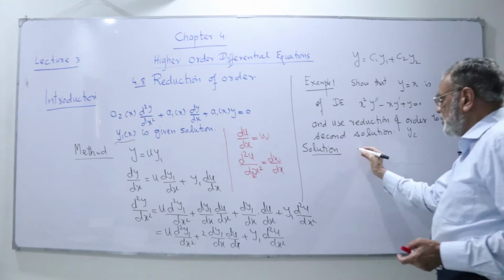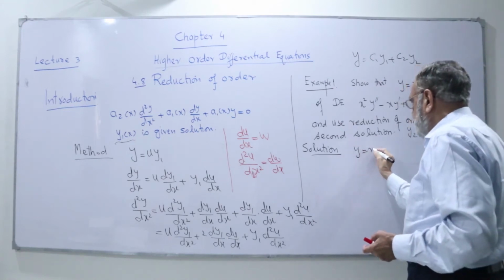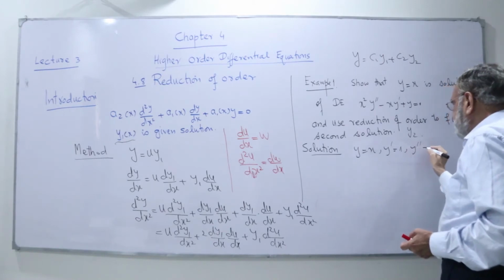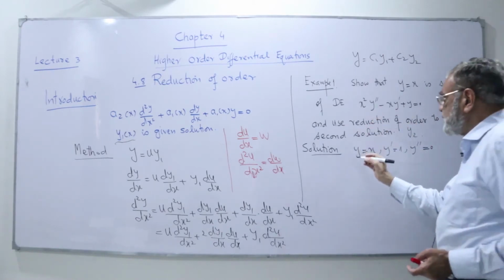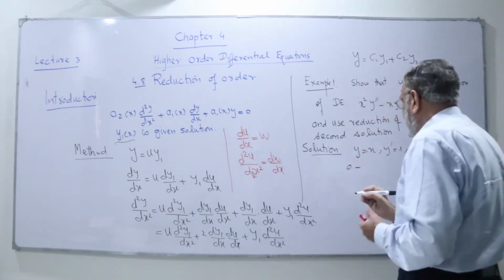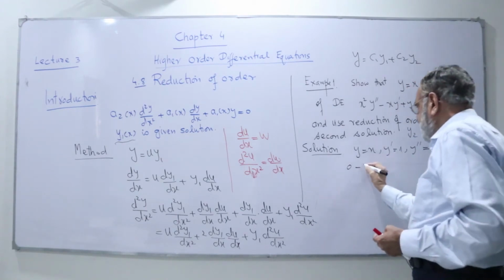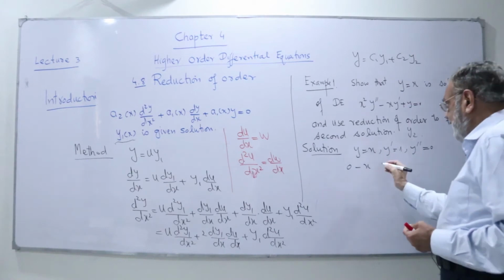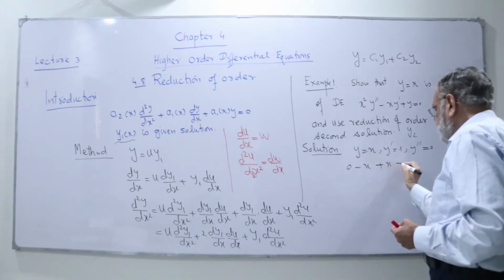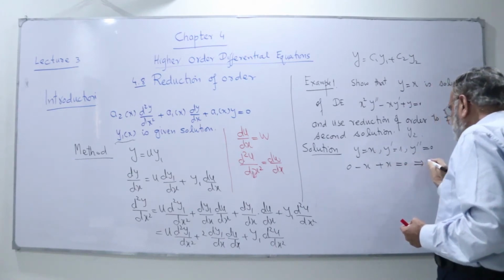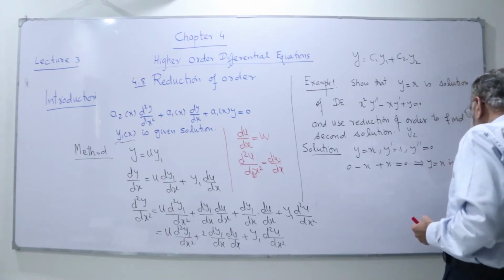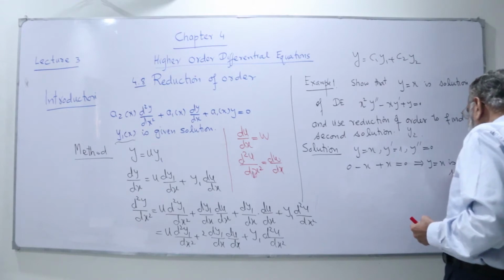We substitute y equal to x, y dash equal to 1, y double dash equal to 0. Substituting in the differential equation, I get 0 minus y dash, which is 1, we get minus x, then plus y, which is x, equal to 0. This implies y equal to x is a given solution because it satisfies the differential equation.